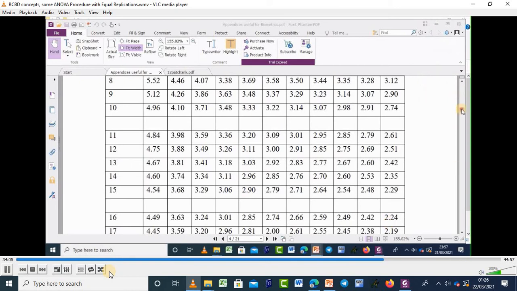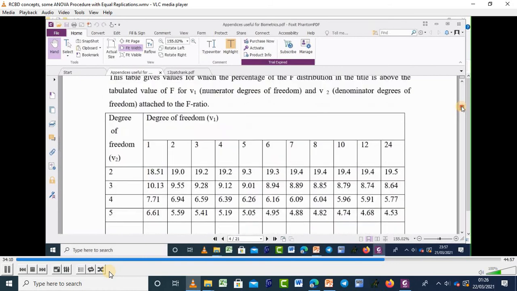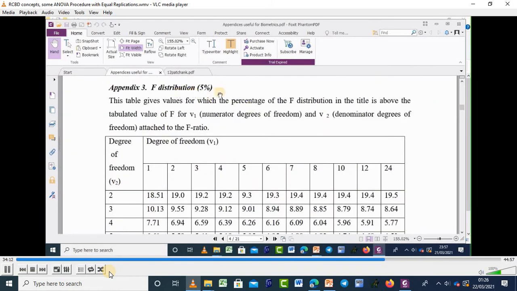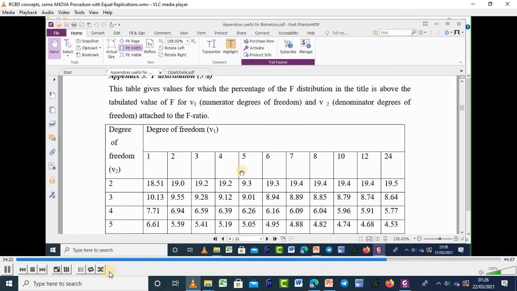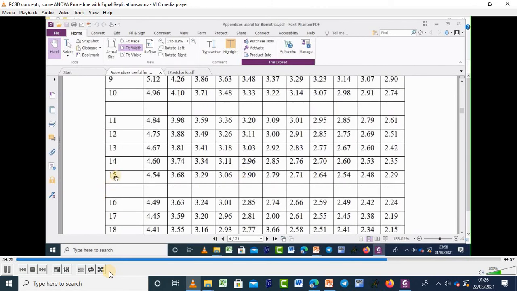In the appendix table, for the 5% level of significance, we have 5 treatment degrees of freedom and 15 error degrees of freedom.